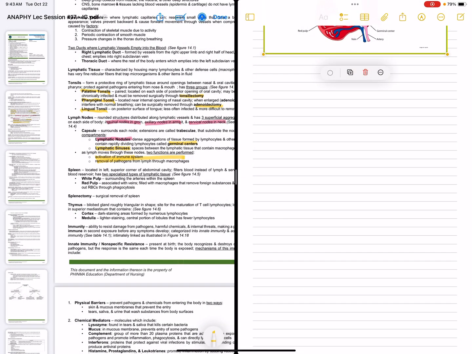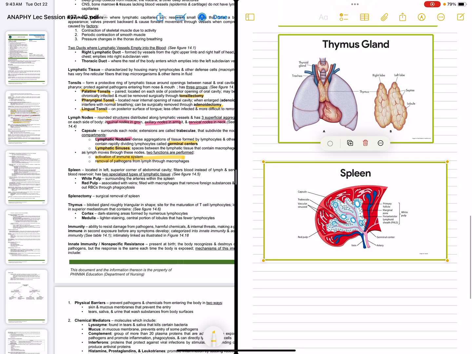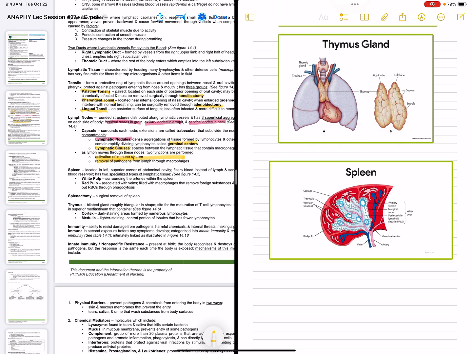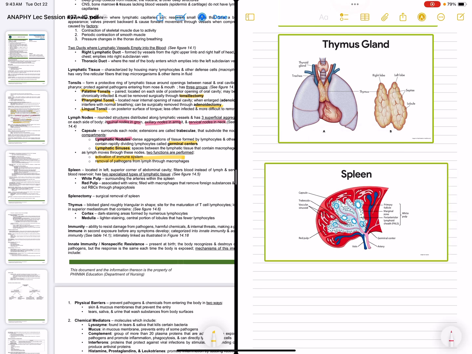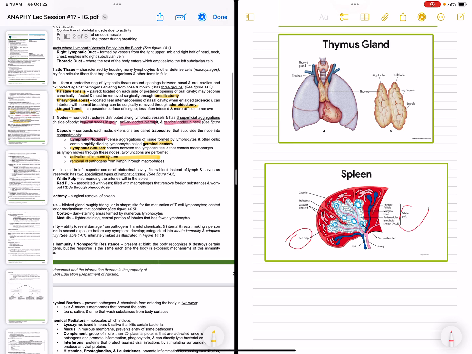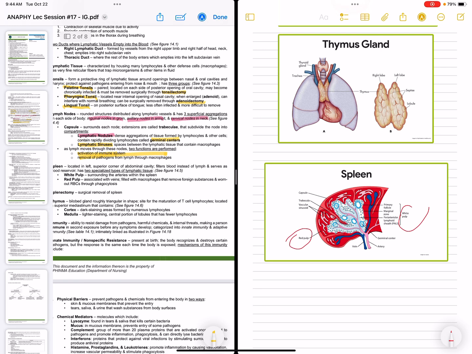So, ang spleen is mayara man kita sa ginatawag nga white pulp and red pulp. So, makita mo diri nga side ang puti, white pulp, and ang red pulp. Okay, the red pulp and white pulp. So, ang white pulp surrounds the arteries within the spleen and the red pulp is associated with veins, filled with macrophages that remove foreign substances and worn-out RBCs through phagocytosis.